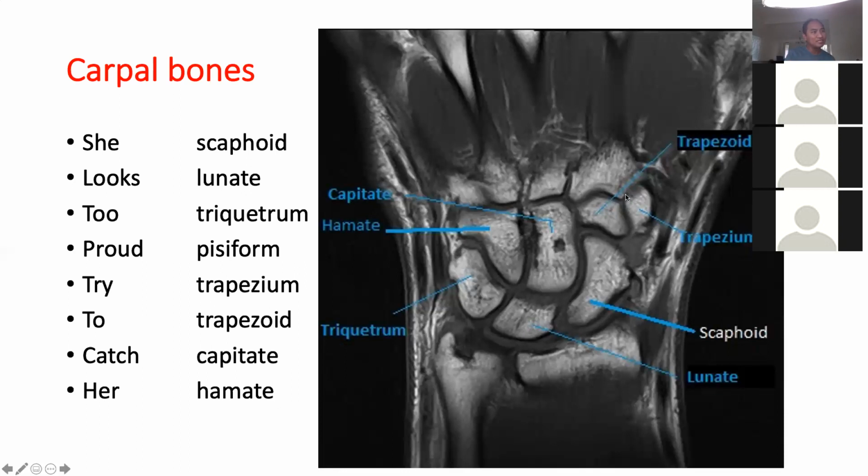These are the bones, arranged in 2 rows, 4 bones in the first row, another 4 bones in the second row. She looks too proud, try to catch her. That's the mnemonic, which is easy to remember, I think.